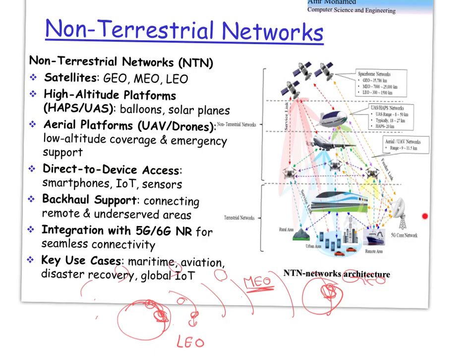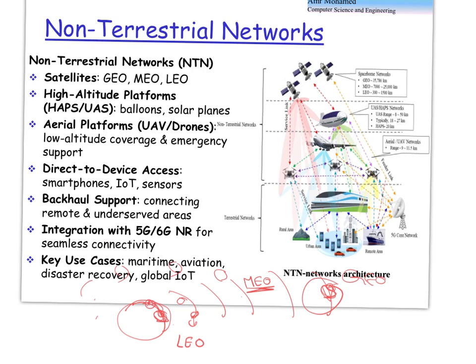You have, but very few, maybe one ground-based station is enough to connect this hierarchical network architecture to the 5G infrastructure through one ground-based station or two. It's like the access gateway or the default gateway to 5G.